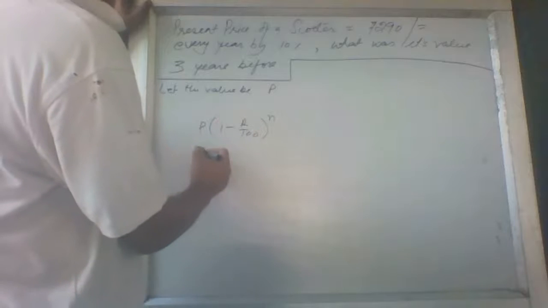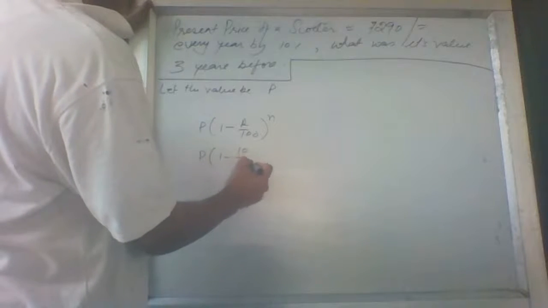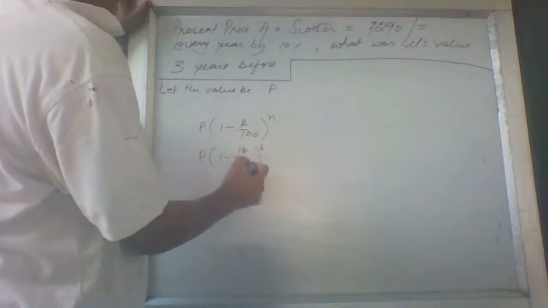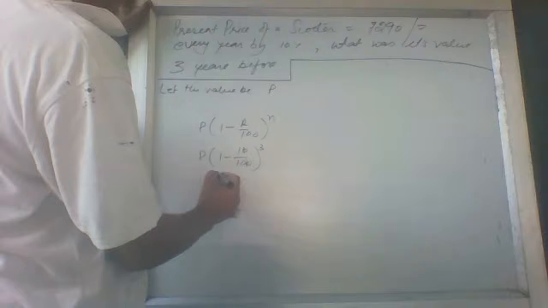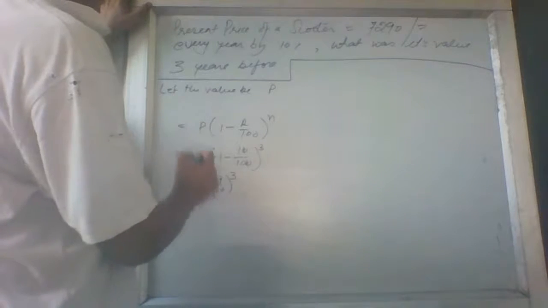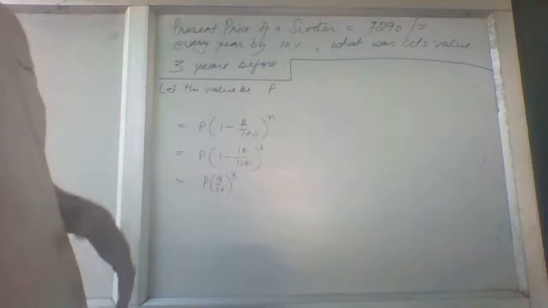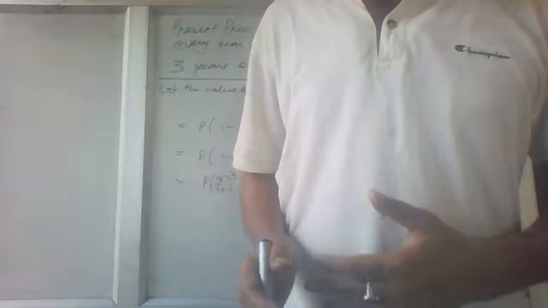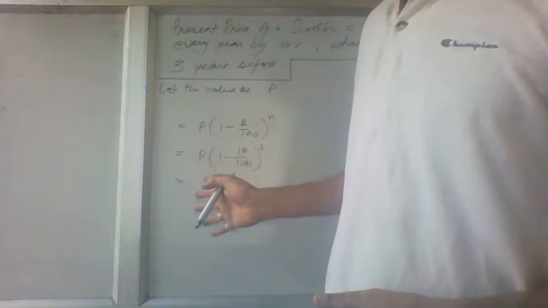In 3 years, P (1 minus 10 upon 100) to the power 3. 1 minus 1 by 10 is 9 by 10. P (9 by 10) to the power 3.